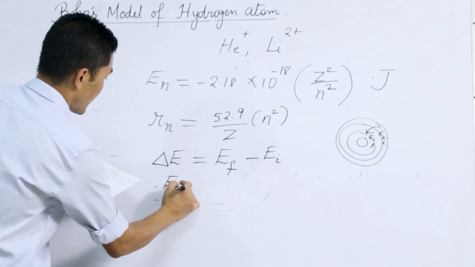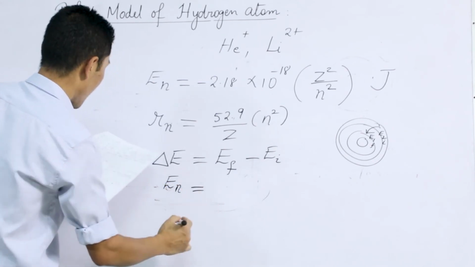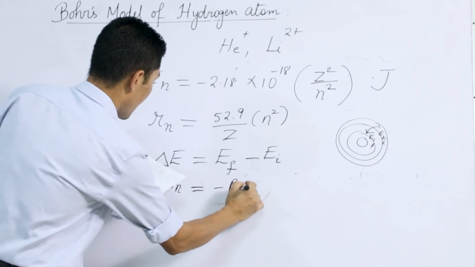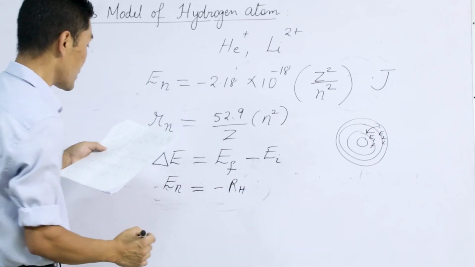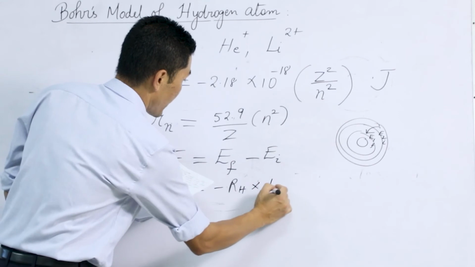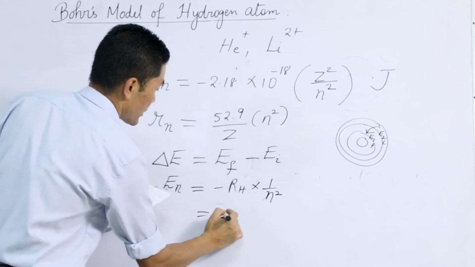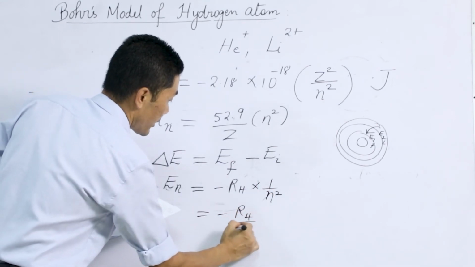Now, the energy of an electron in any state is given by minus RH, which is the Rydberg constant, into 1 by n square, which can be written as minus RH by n square.